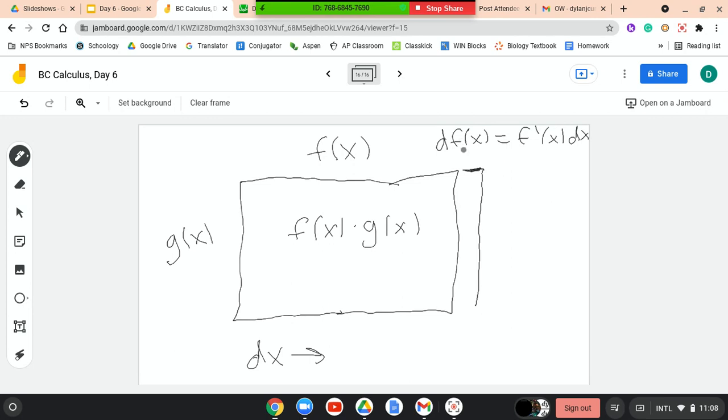Yeah. All right. So this tells us that the tiny change to a function value is equal to the derivative times whatever our tiny change in x is. So wouldn't you agree that the tiny change to the side length, because the side length is represented by f of x, would be df of x? It'd be a tiny change to f of x, which equals the derivative of f times dx.